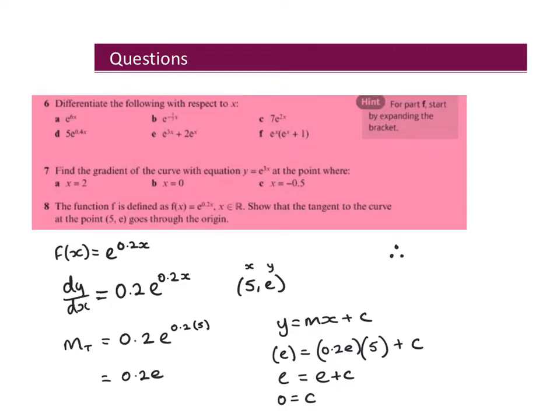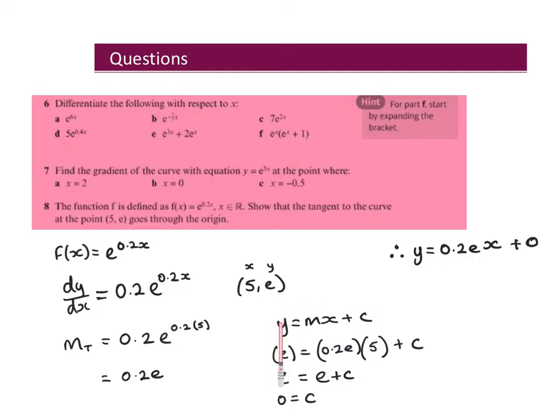Therefore, y equals 0.2e x, mx plus c. But it's plus 0. I'll just write that there for effect. Plus 0, but just so you can see.